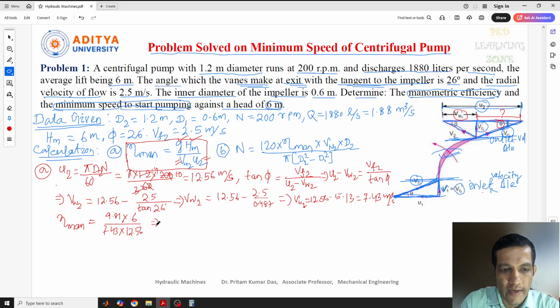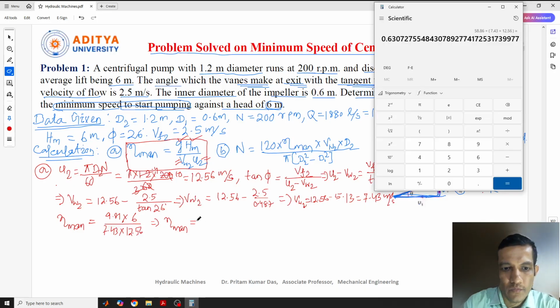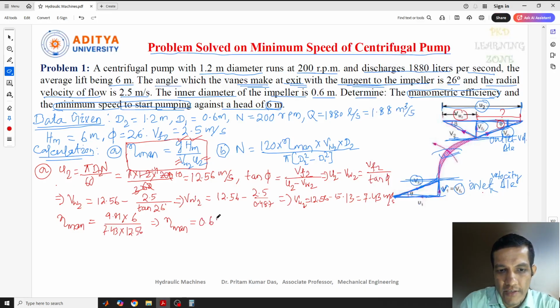If I just calculate it, in the numerator 9.81 multiply 6, and in the division, bracket start, 7.43 multiply 12.56, bracket close, I get 0.630, or else we can write this as 63%. So this is our manometric efficiency.